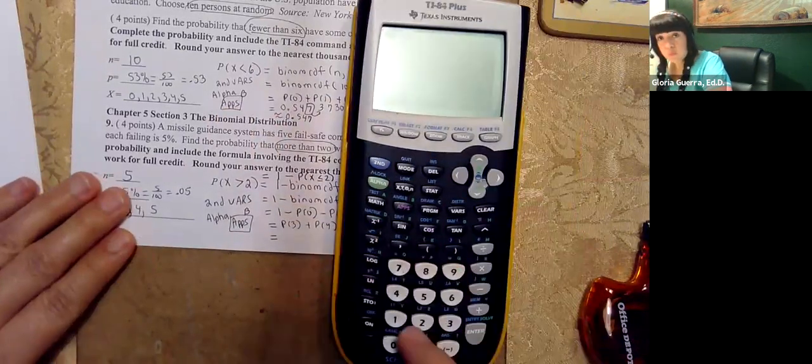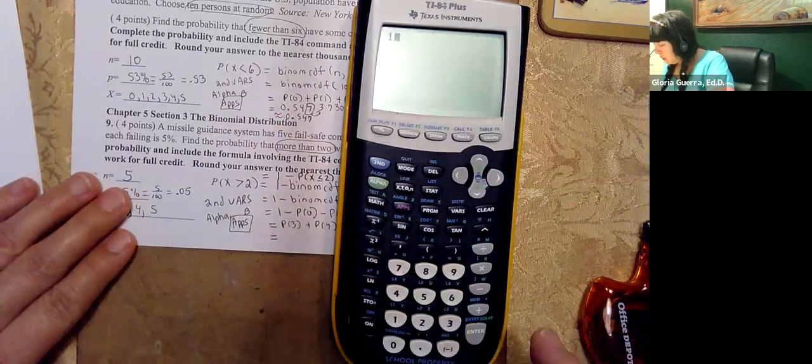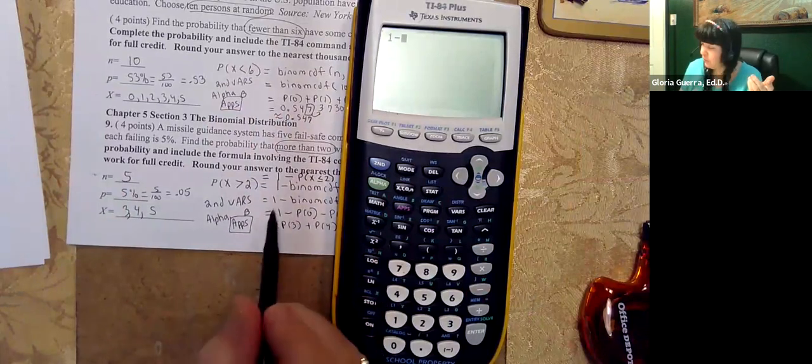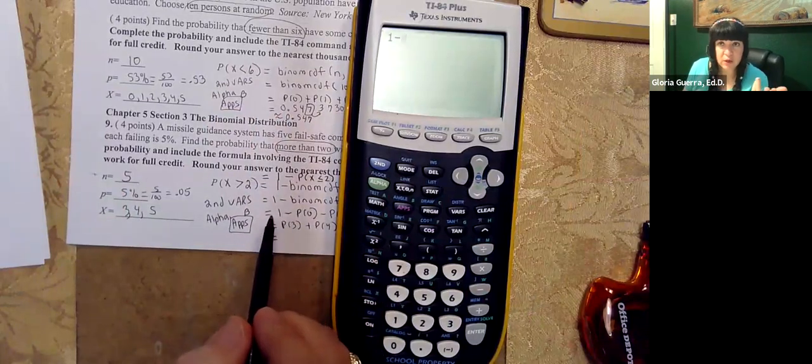So now you're going to do 1, very important. I think that's why people miss this, because they forget to do the 1. They have it here, but they forget. They just go straight to the calculator.